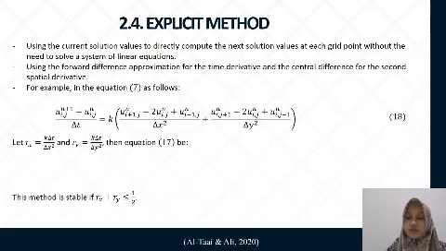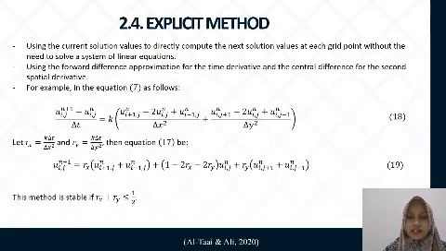For example, in equation 7 as follows: 18 equations, let Rx and Ry be defined, then equation 17 becomes like in equation 19. Now, this method is stable if Rx plus Ry is less than or equal to a half.